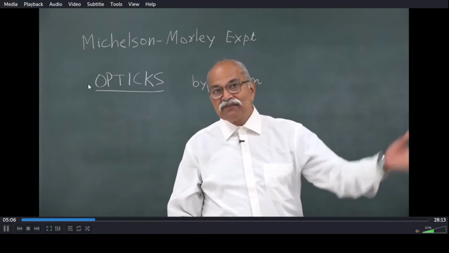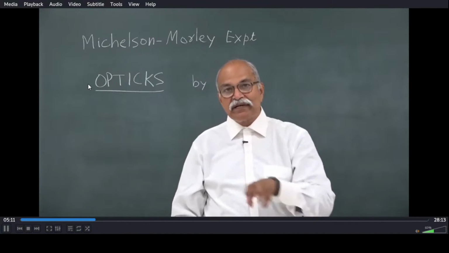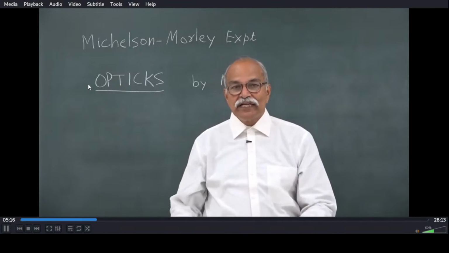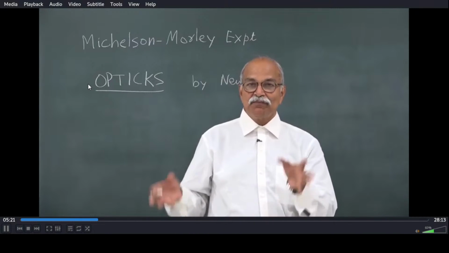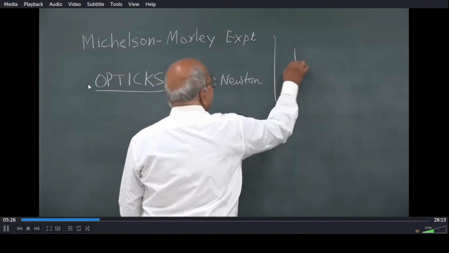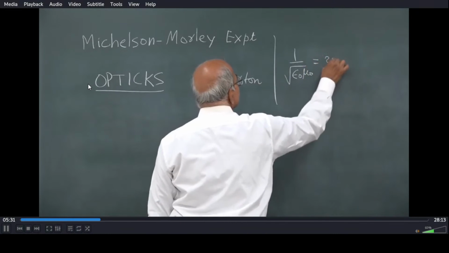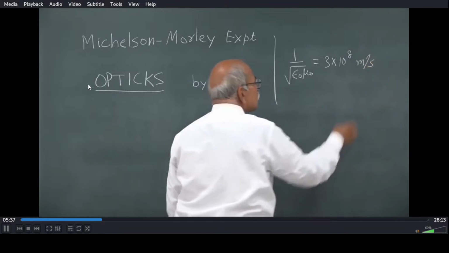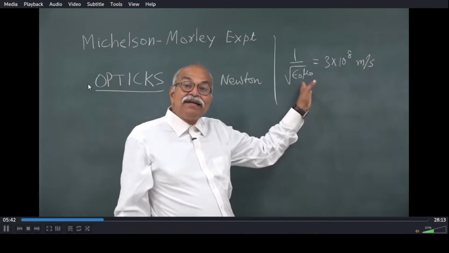Then comes Maxwell and experiments on electricity and magnetism, and two things. One is that once you do the experiments, find epsilon naught, find mu naught from the experiments, and then put the values, and you see that this 1 by square root epsilon naught mu naught turns out to be very close to 3 into 10 to the power 8 meter per second from purely experiments on electricity and magnetism.